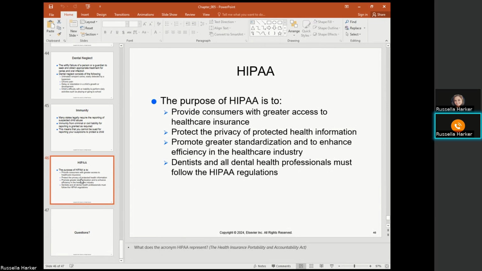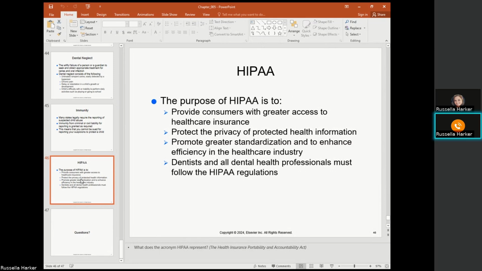So it is going to ensure the portability of the health benefits for employees who change jobs and whose eligibility for benefits might have changed because of a changed status. So what that means is, like, say you get a job and you're totally fine and you get health insurance through your employer. While you're working there, you find out that you have some awful illness or disease, and you want to change jobs.